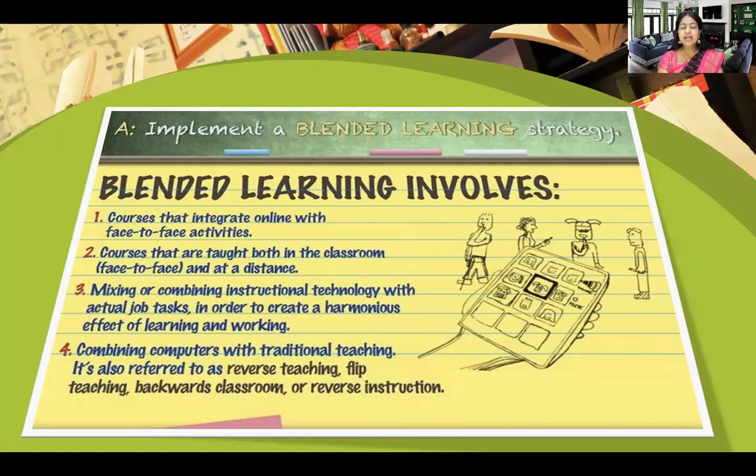And blended learning, what is it? What is the strategy of blended learning? What it involves: courses that integrate online with face-to-face activities, courses that are taught both in the classroom face-to-face and at a distance, and mixing or combining instructional technology with actual job tasks in order to create a harmonious effect of learning and working, and combining computers with traditional teaching.